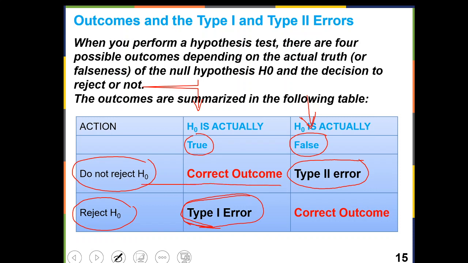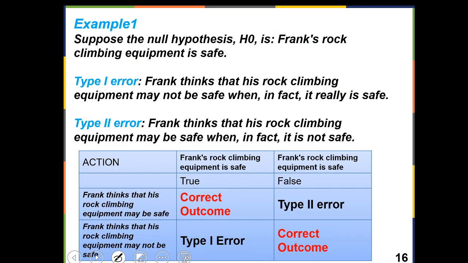If it's true and we don't reject it, that's good, right? If it is false and we reject it, that's a correct decision. So there are 4 different outcomes, right? And 2 of them are errors and 2 of them are correct decisions. All right. So here is an example.